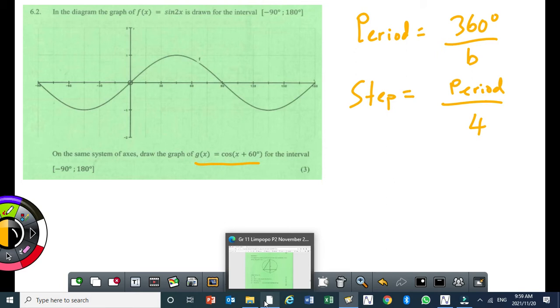Because the B value for that graph is 1, so 360 divided by 1 gives you 360. So your period is going to be 360 over 4. So your step, you can make it 90, and I would suggest that. If you're having challenges, then you can adjust the step to 30 degrees.